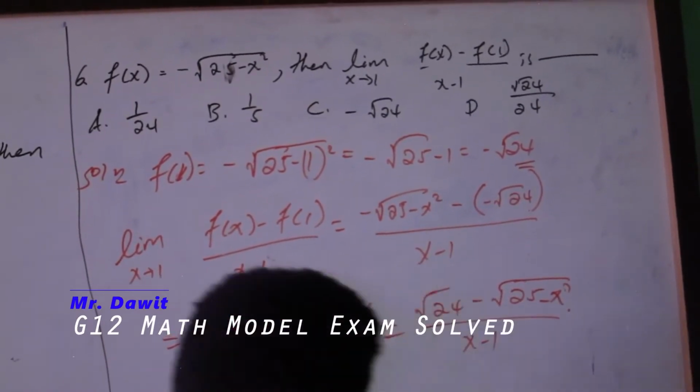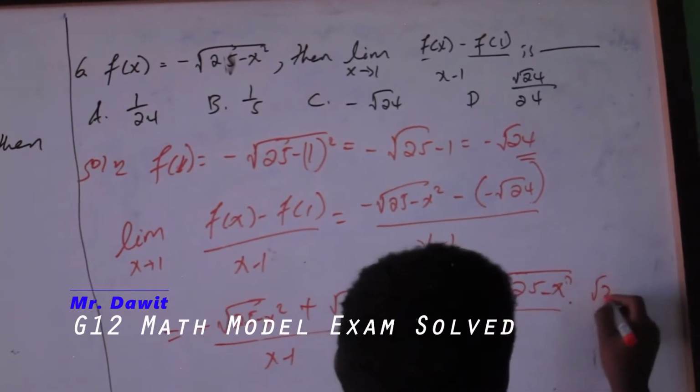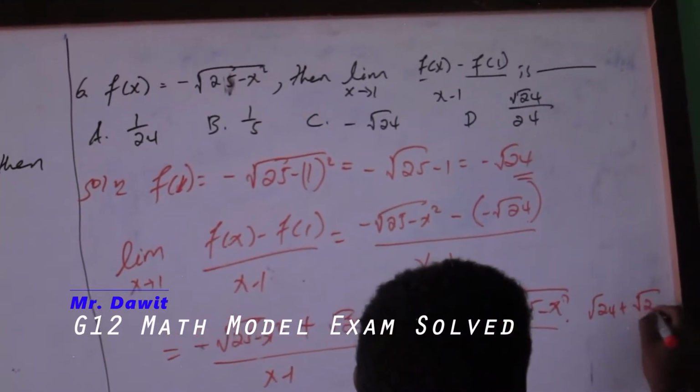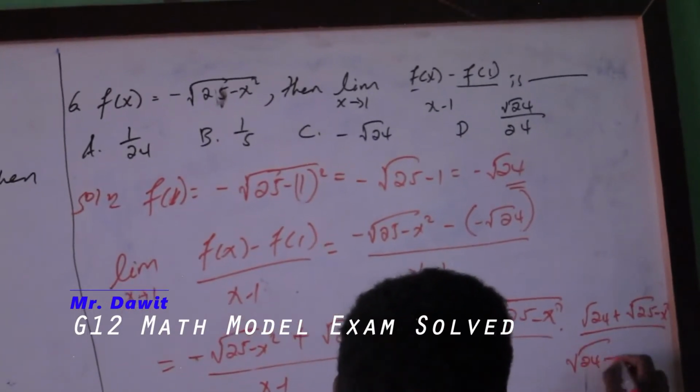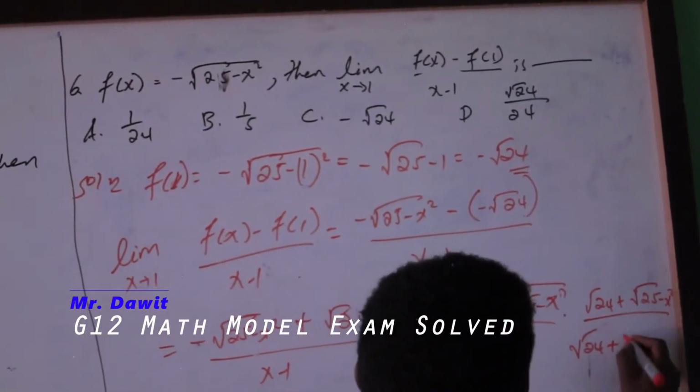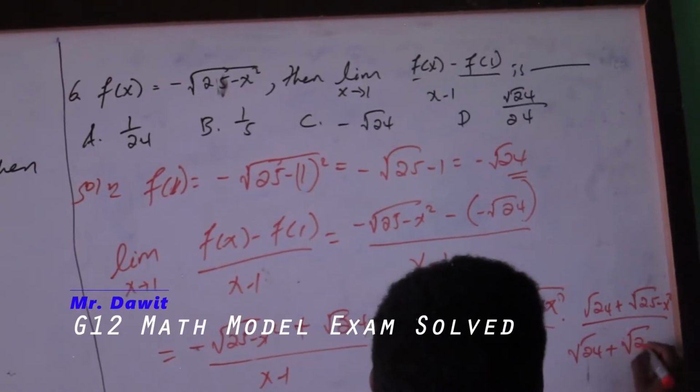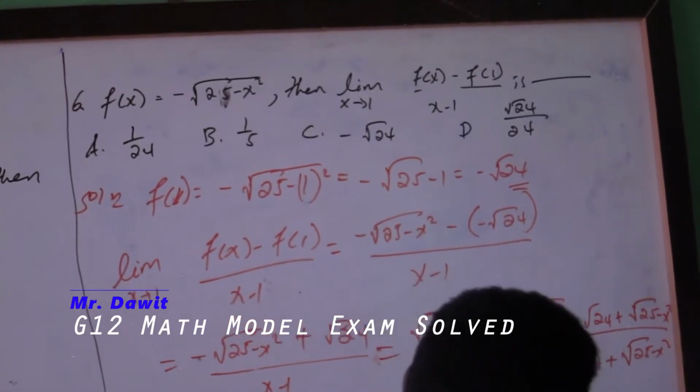So let's rationalize it by multiplying by the square root of 24 plus the square root of 25 minus x squared, divided by the same thing.